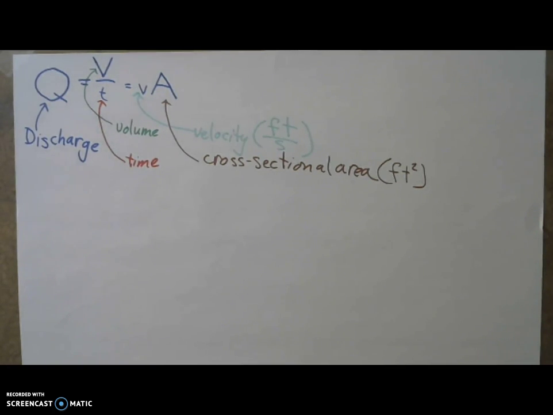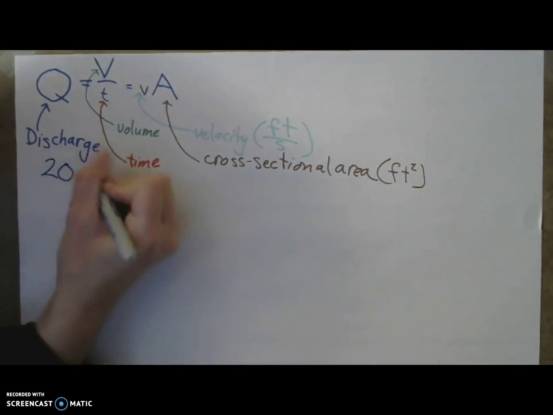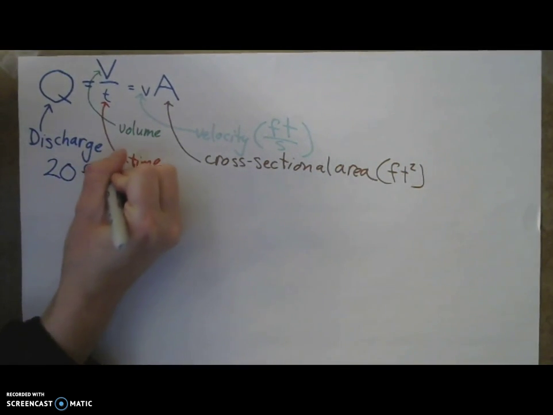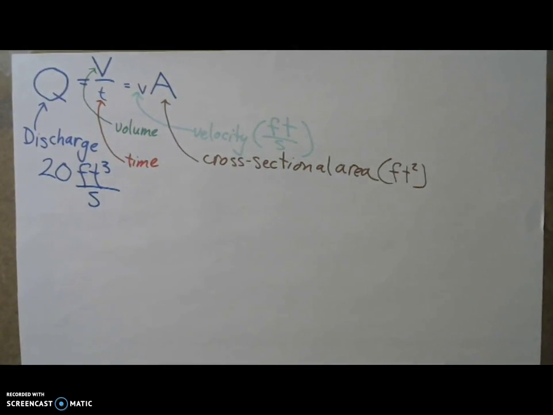Let's pretend that our stream discharge is 20 cubic feet per second. Remember that our discharge is going to remain the same. So let's see what happens to our velocity and cross-sectional area as we play with some numbers.